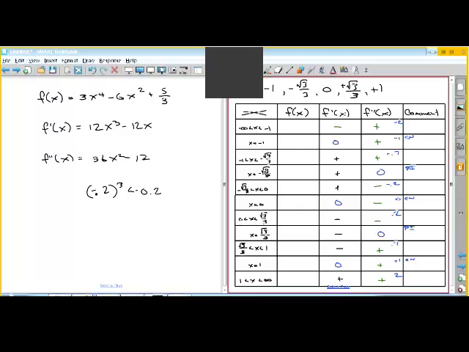So negative the square root of 3 divided by 3 raised to the 4th power. 3 times negative the square root of 3 over 3 raised to the 4th power minus 6 times negative square root of 3 divided by 3, that whole thing squared, plus 5 divided by 3. 3 times 2.